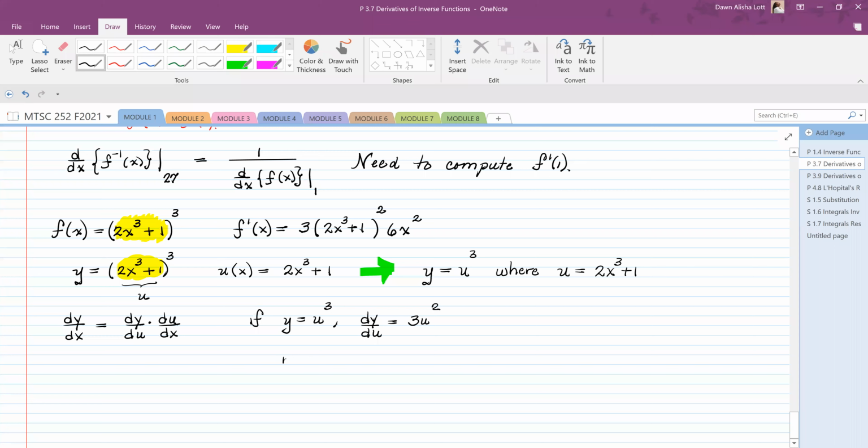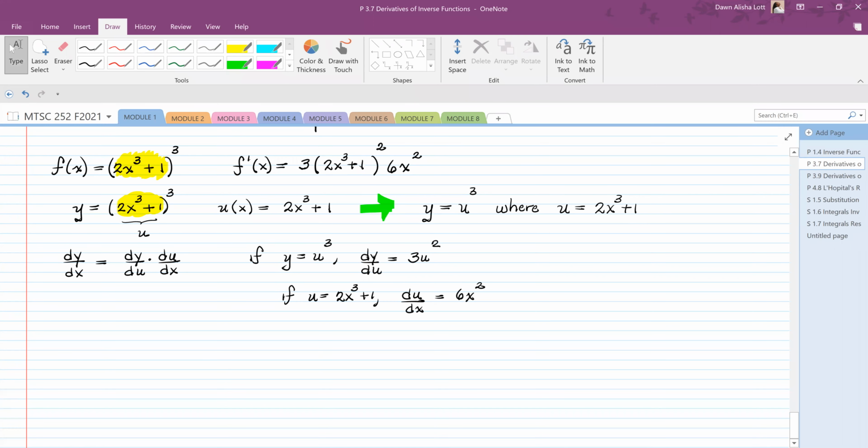And if u is 2x cubed plus 1, then du dx is 6x squared. So now I just need to plug those in. I have dy du is this term, and du dx is this term. So now I need to put it together. So dy dx.